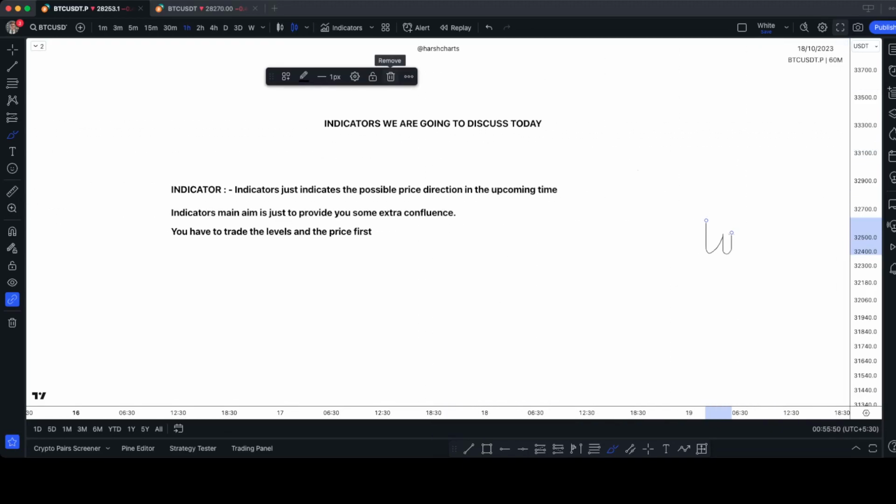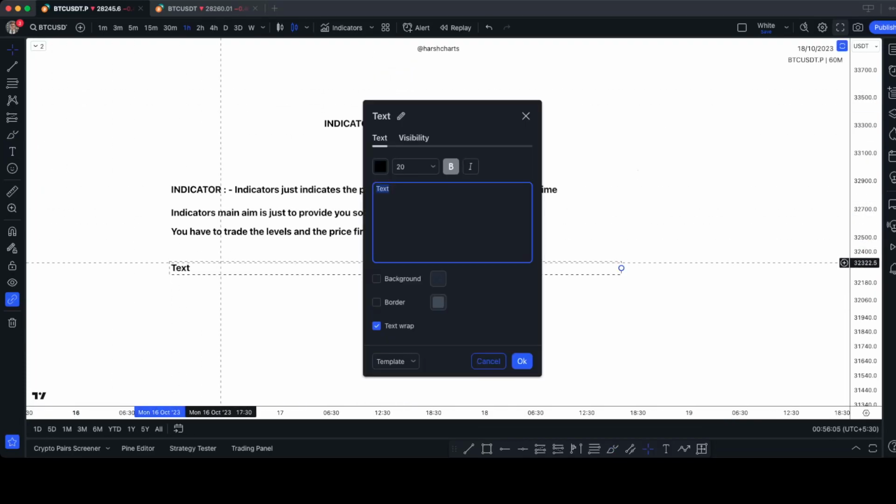So when we don't have much confluence on the chart, we open the indicator and look for confluence to start looking for long or short. This is the use of an indicator. So again, I'll write it down: when you don't see much confirmation on the chart, we usually use indicators to open some trades.